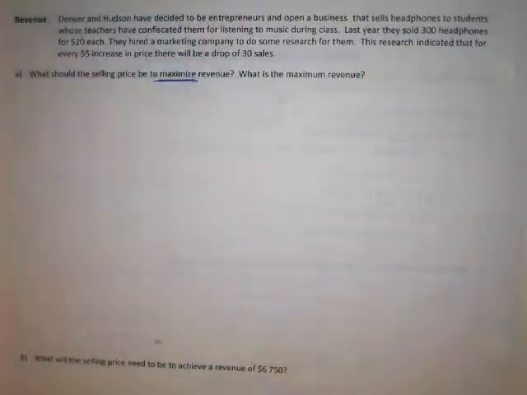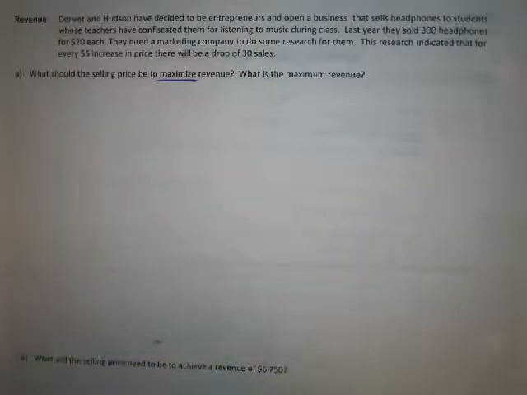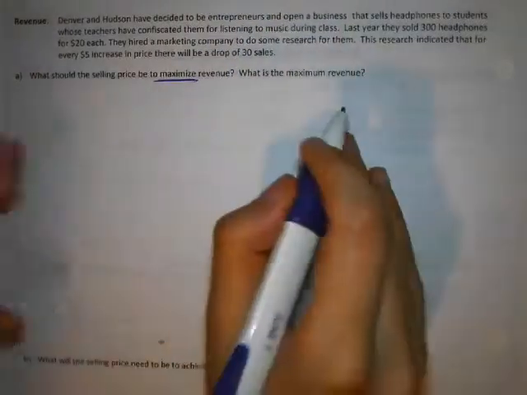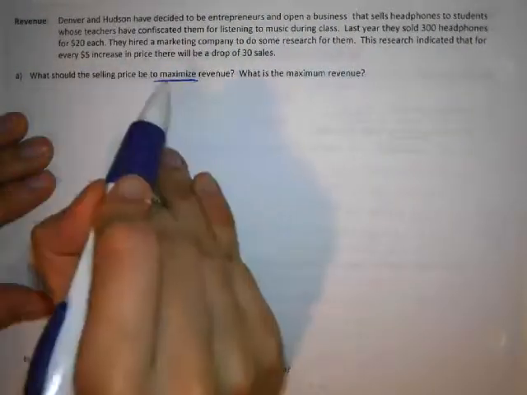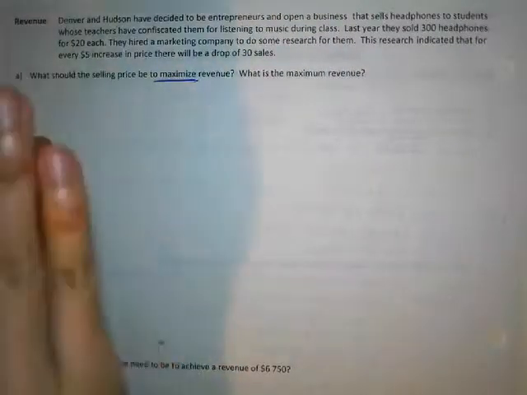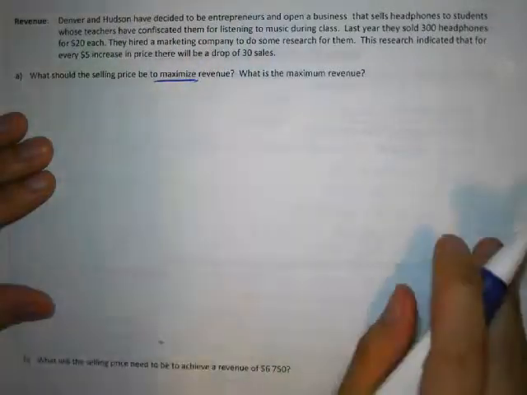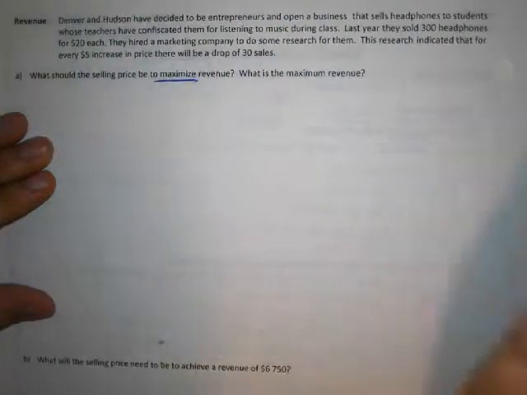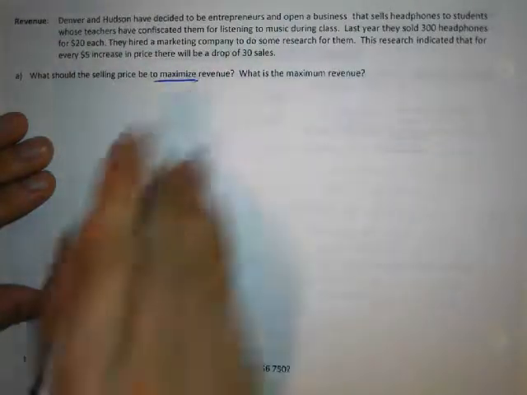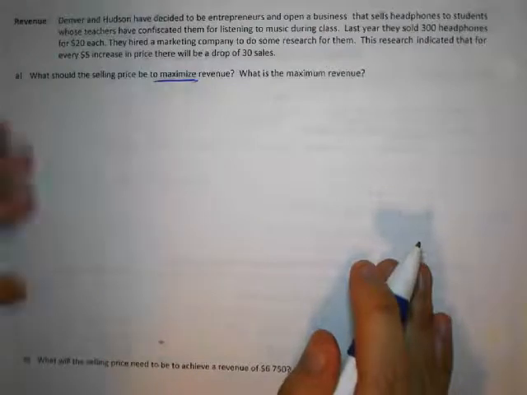So the first part, it's asking us for the selling price as well as the maximum revenue. Since we're maximizing revenue, that means we know that we have to find the equation in vertex form. So then we have to complete the square. So this is what we did with the maximum applications for revenue.